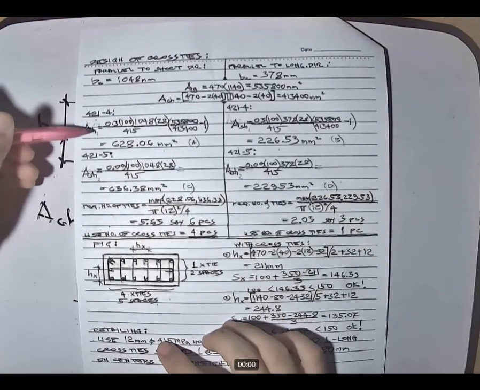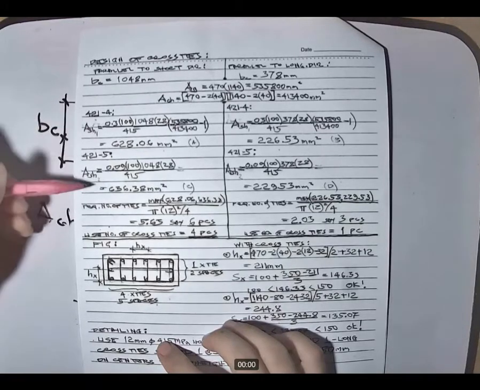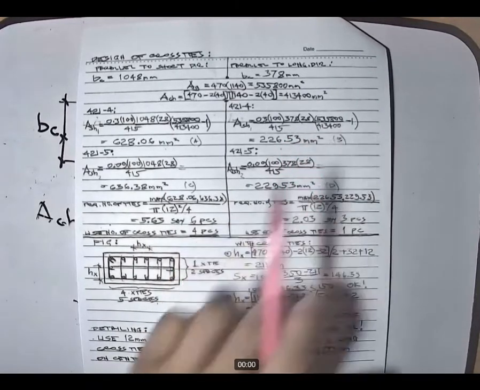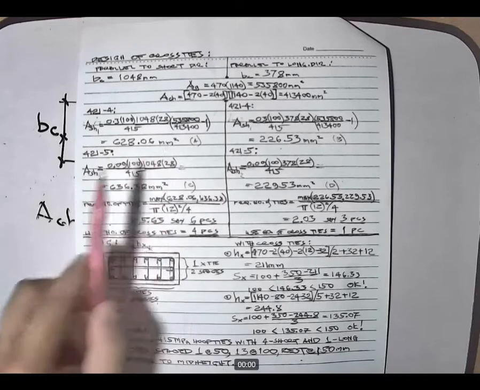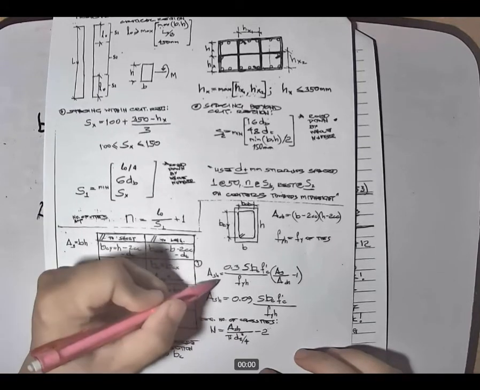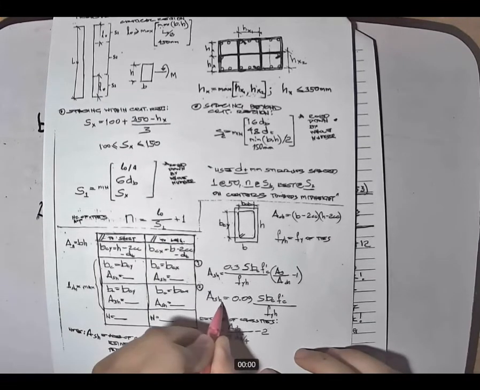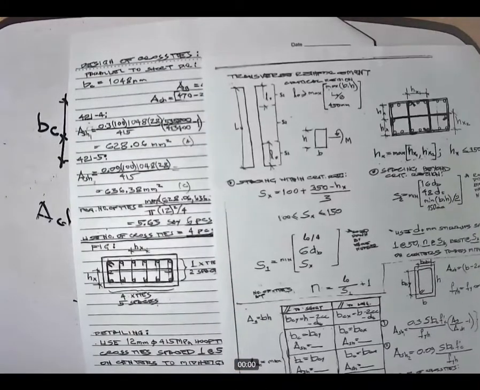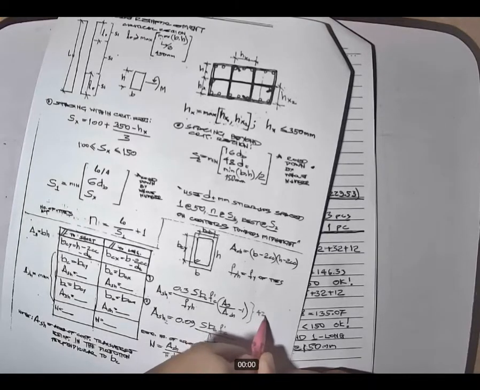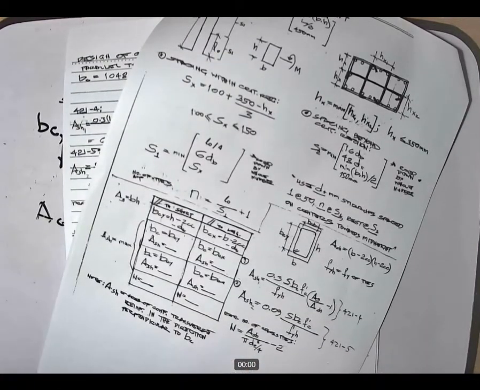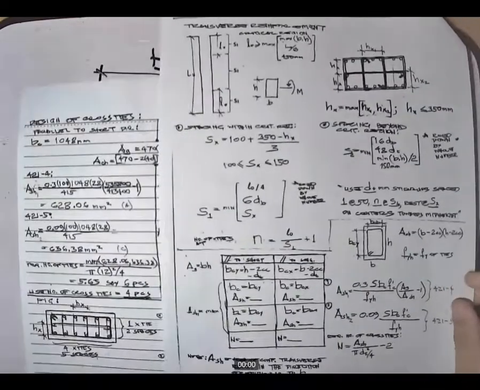Now let's take this as ASH1, and this is ASH2. Same with the parallel to long direction. Ngayon, yung equation na yan, galing yan dito. Okay, so let's say this is your ASH1 and then this is ASH2. This equation is 421-4, and then this equation is 421-5. Okay, so pagtabihin natin.